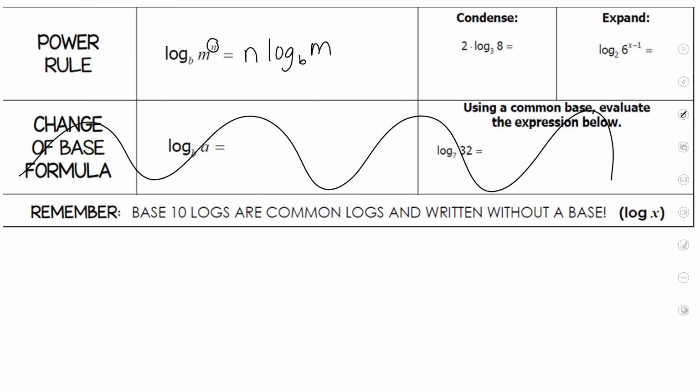That is the power rule. So that means this coefficient can now become the exponent here. So this can be rewritten as log base 3 of 8 squared. And what is 8 squared?